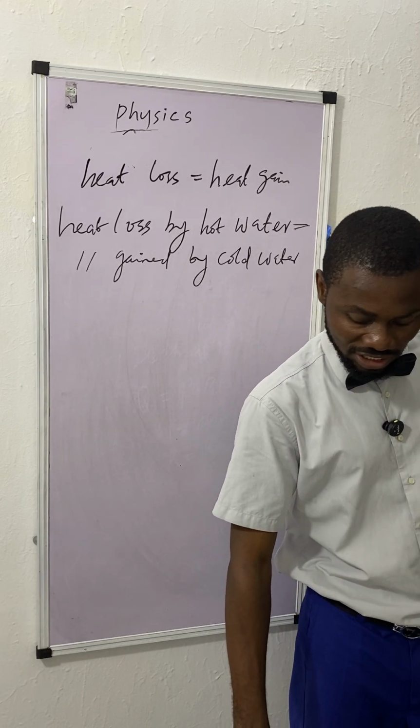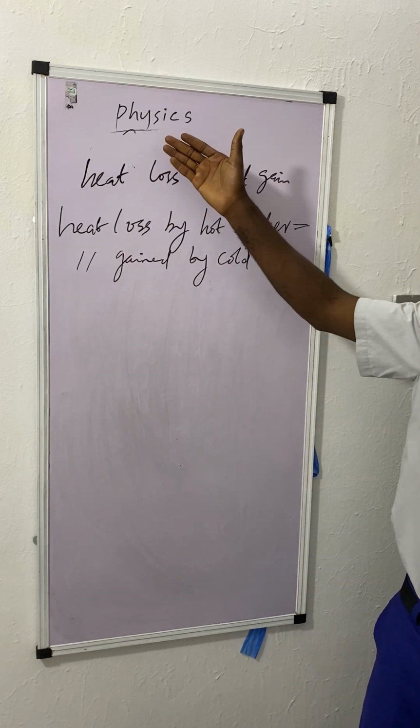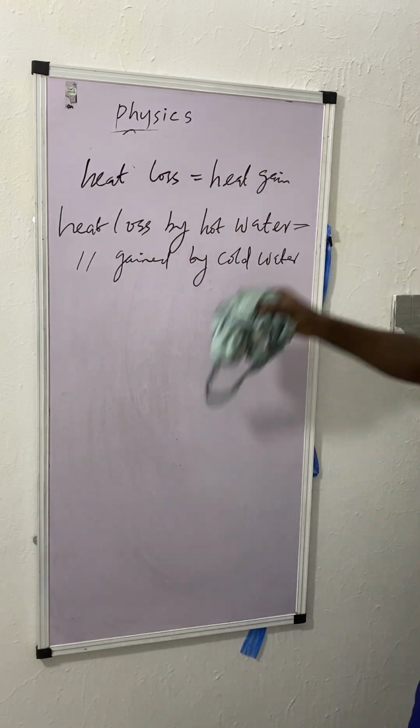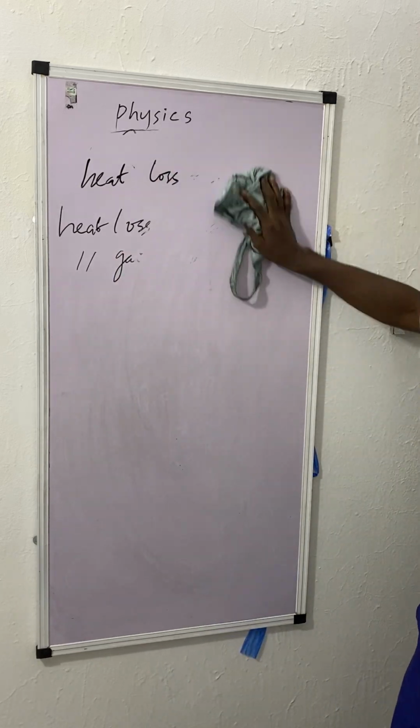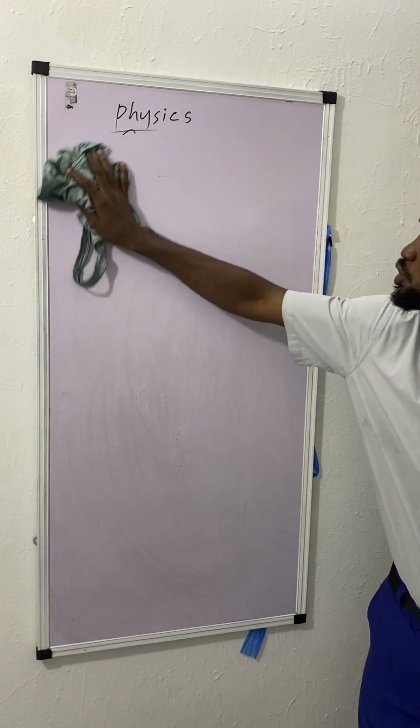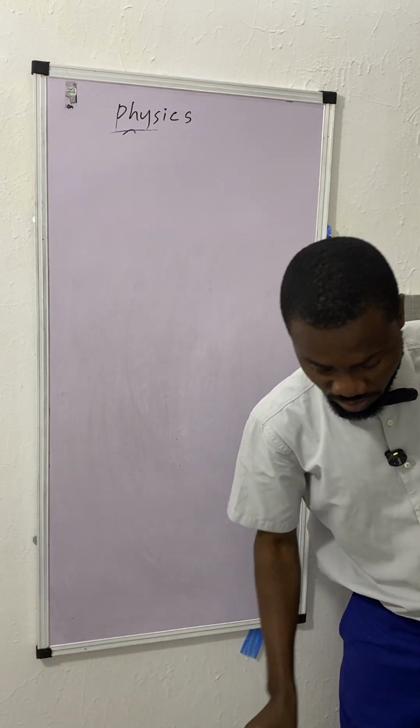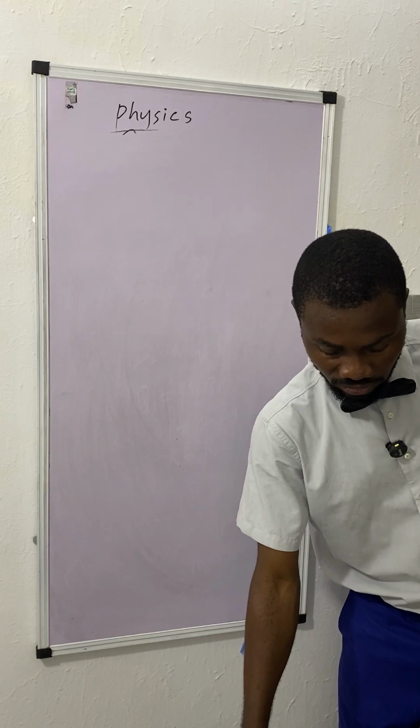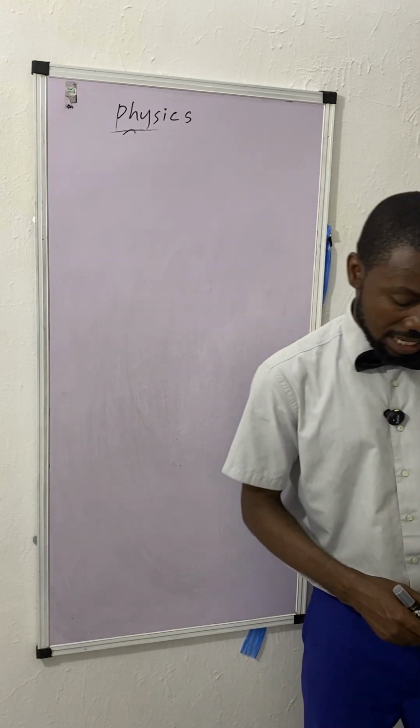That's that for that. Now let's look at change of state, when heat brings about a change of state in a substance. This is where we are going to look at latent heat of fusion and latent heat of vaporization. First of all, let's understand what latent heat is.